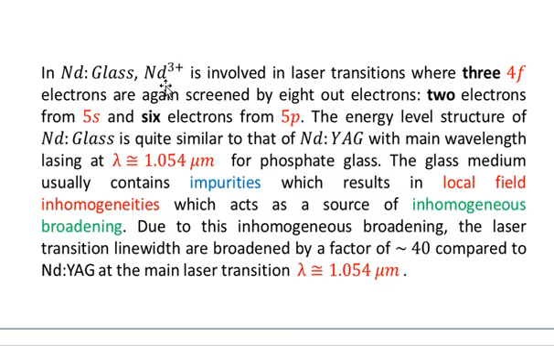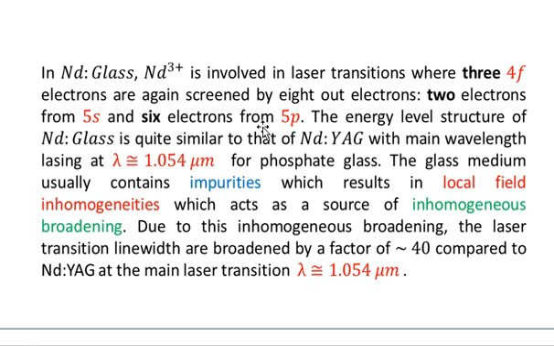In Nd glass, Nd3+ is involved in the laser transitions, whereas the 4f electrons are again screened by 8 outer electrons, that is 2 electrons from the 5s and 6 electrons from the 5p. These 8 electrons will be involved in the screening of nuclear charge.